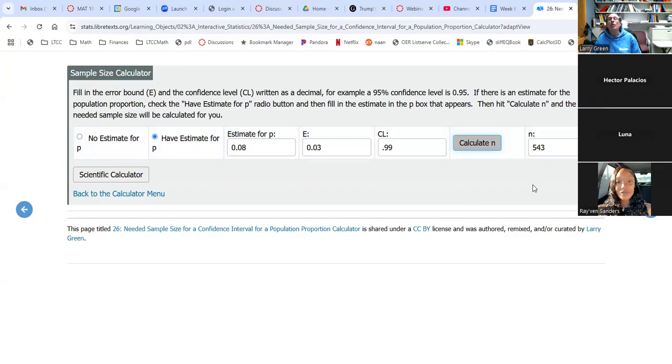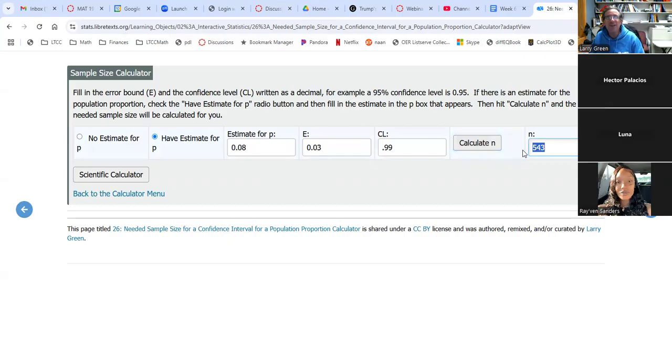It changed a lot. By the way, if that estimate for P is very far from 50%, like this 8%, then you're going to have a big change in the sample size needed. If your estimate for P is close to 50%, then you won't have much of a change, and if it's exactly 50%, you'll have no change. There's some deep math involved, which I'm not going to get into, but you can believe me.